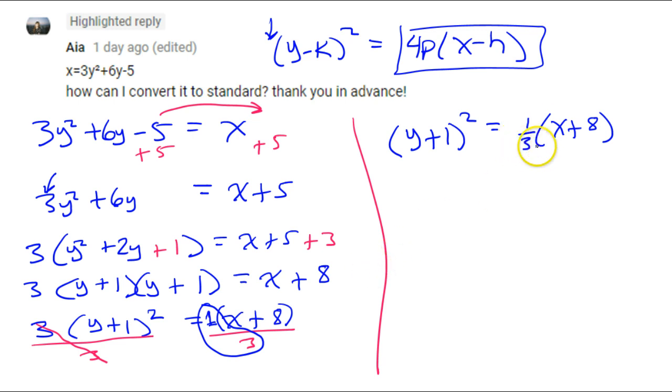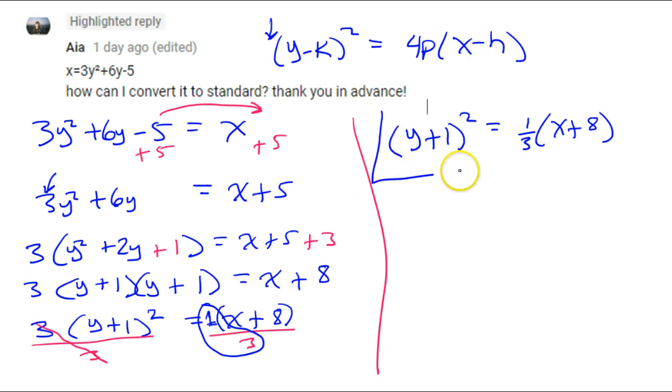Okay? Hopefully you can see that these are the same. Having 1/3 times (x plus 8) is the same thing as (x plus 8) divided by 3. But writing it this way with the 1/3 in the front matches my standard form. And that's it. This would be the final answer.